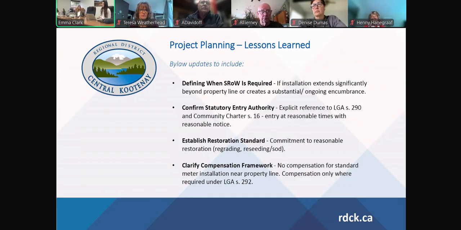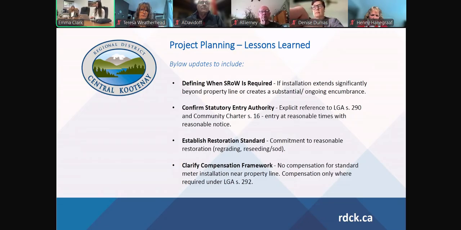So, lessons learned from phase one with regard to project planning. Again, just defining when a statutory right-of-way is required. If it's deep inside the property boundary, we would approach the property owner and execute a blanket statutory right-of-way. Again, we'll speak a little bit more to this.